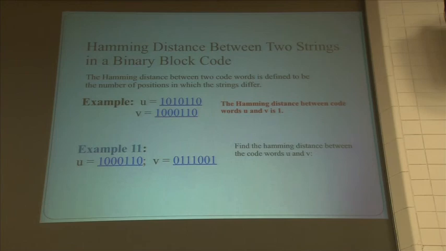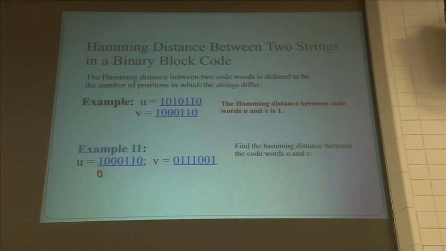The Hamming distance between two strings in a binary block code. We're leading into how to actually find and correct some of these errors. All you do is you take your two strings of code and you find how many places they differ. So, for this example, between U and V, let's rewrite V underneath.